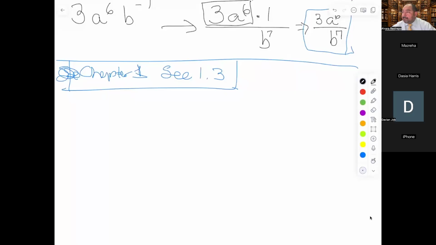All right. So chapter 1, section 1.3 talks about radicals, and we touched on it in section 1.1 a moment ago. This is a radical sign. Let me label it. Radical sign.